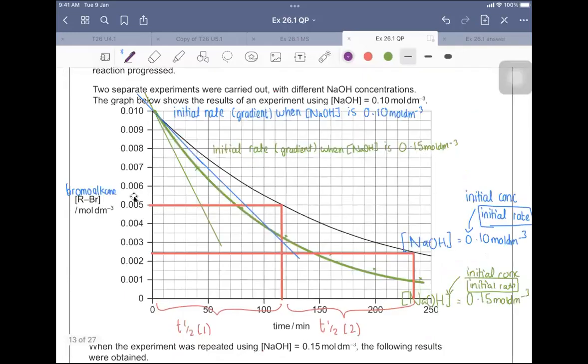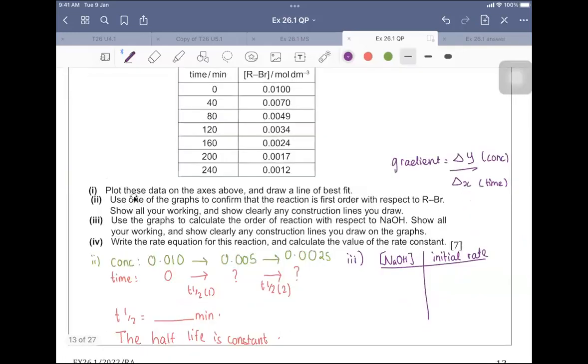So after you found the initial rate, I want you to tabulate them at 0.10 and at 0.15. Fill in the blank, what are the rates? From here, you can then do the same method as we did in class.